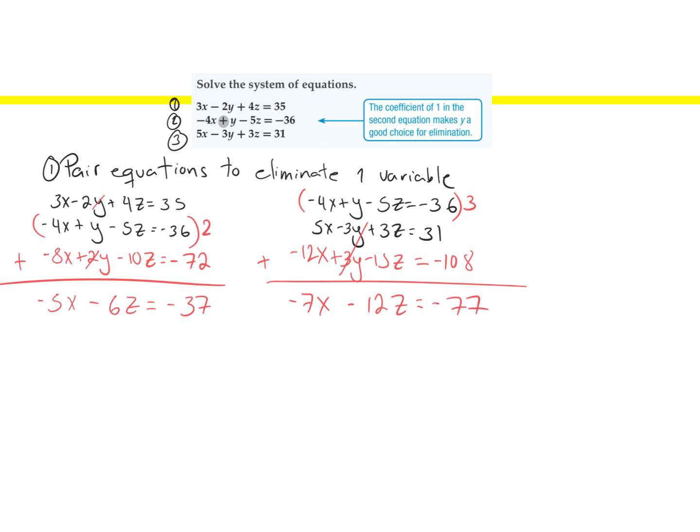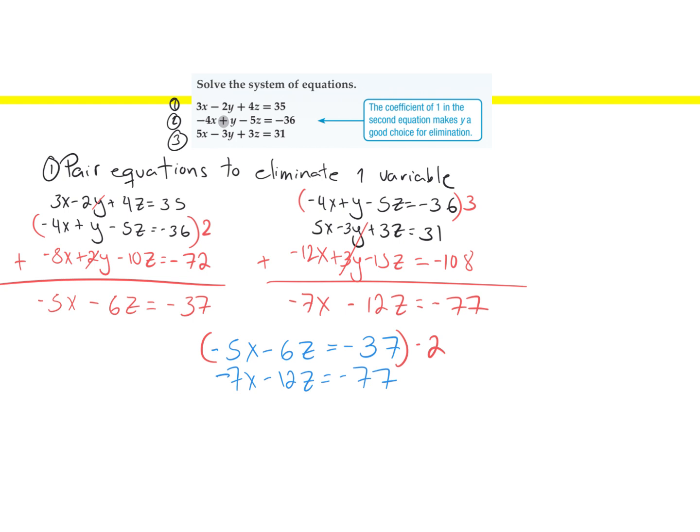Now, after you get these two new equations, you're going to combine them. So I'm going to put them one on top of the other. Negative 5x minus 6z equals negative 37. And then negative 7x minus 12z equals negative 77. Now, you would combine them either by substitution or elimination, up to you. I'm going to do elimination by multiplying the top one by negative 2.